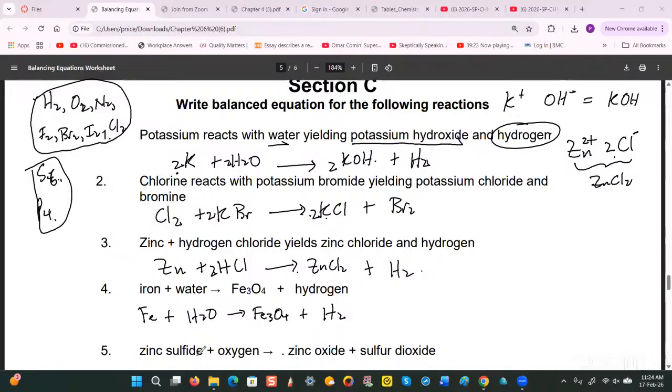3, 4. What's on the other side? 3, 4, 1, 4.